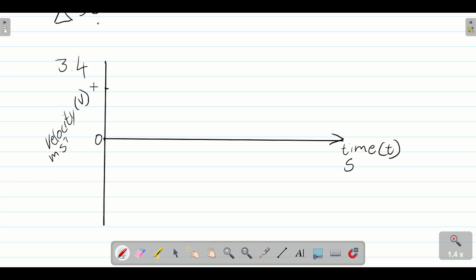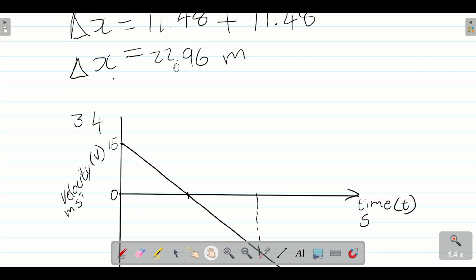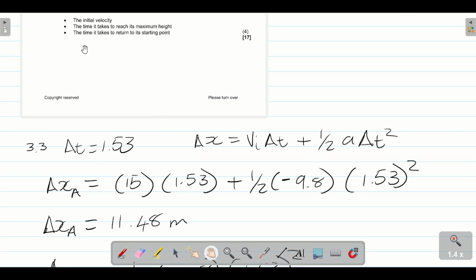Now for ball A, it starts at 15 meters per second and it drops all the way down like so. It has to pass the 0 line, because at this point it reaches its maximum height. The other point we need to note is the time it takes to return to the starting position.